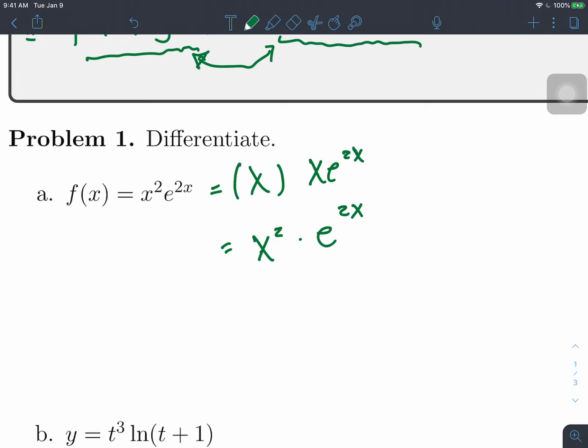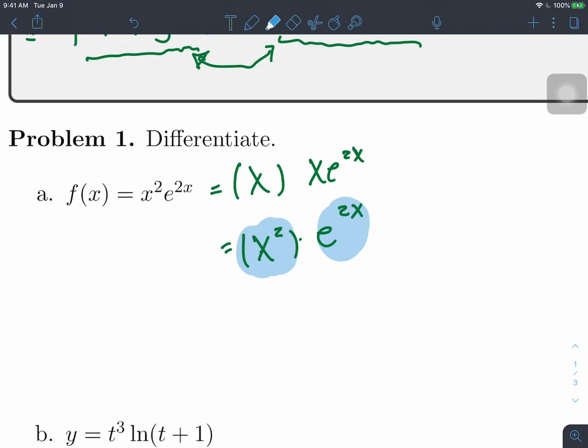What I want to point out is that our goal should be to split things up in a way where we know how to do the derivative of both of our pieces. In particular, I know how to do the derivative of x squared, and I know how to do the derivative of e to the 2x using the rules that I already have.